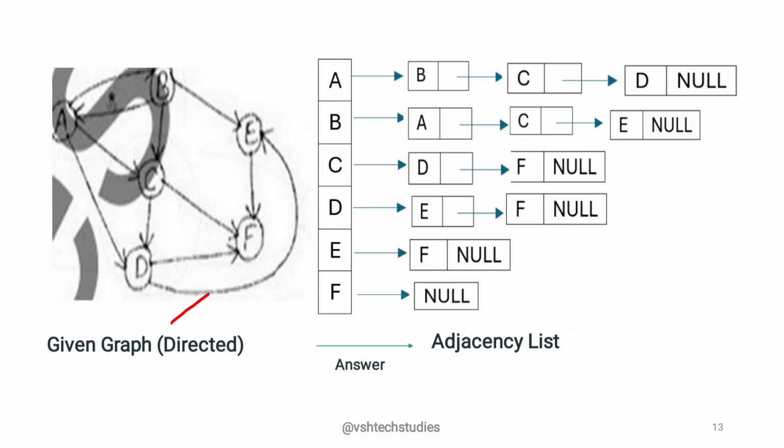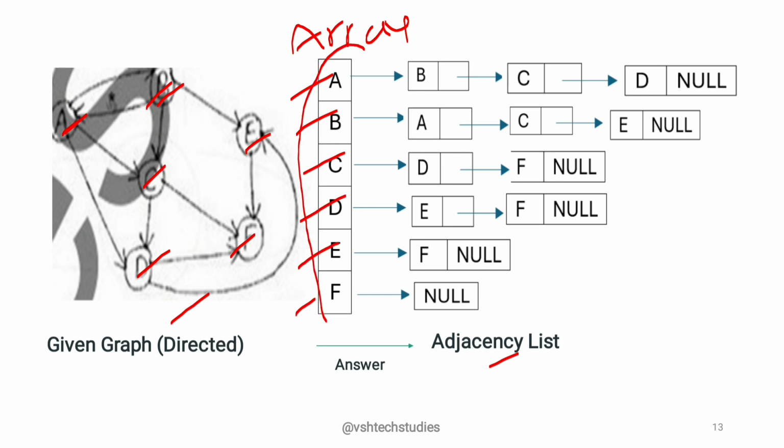Next, for the given graph, how to write the adjacency list. How many vertices are here? A, B, C, D, E, F. 6 vertices are there, and in this array 6 locations are taken. In the first one, which corresponds to A, the address of node B is stored, because A to B there is an arrowed line.